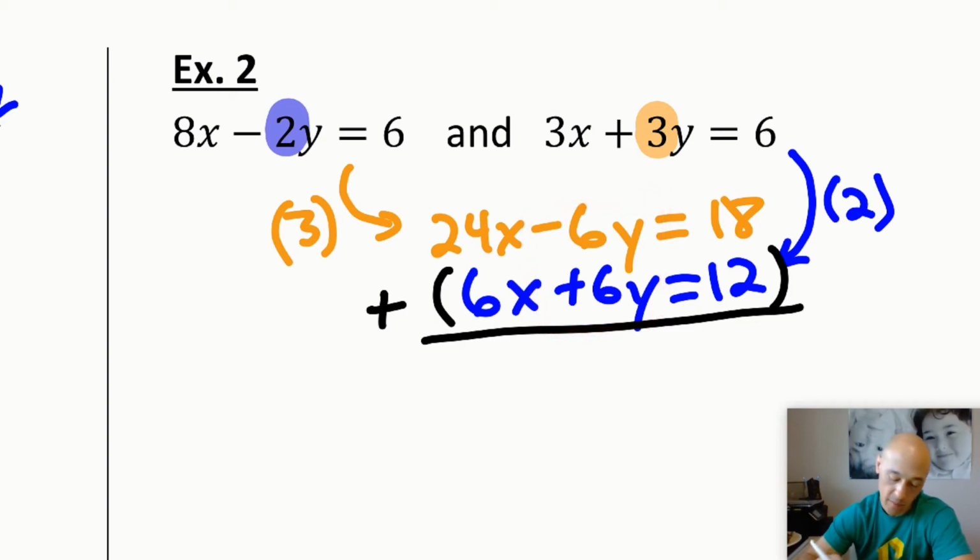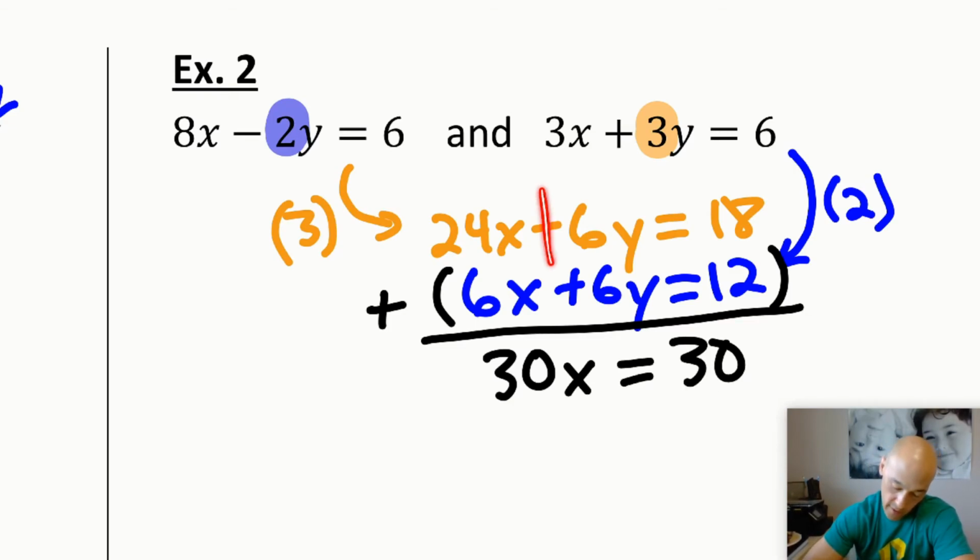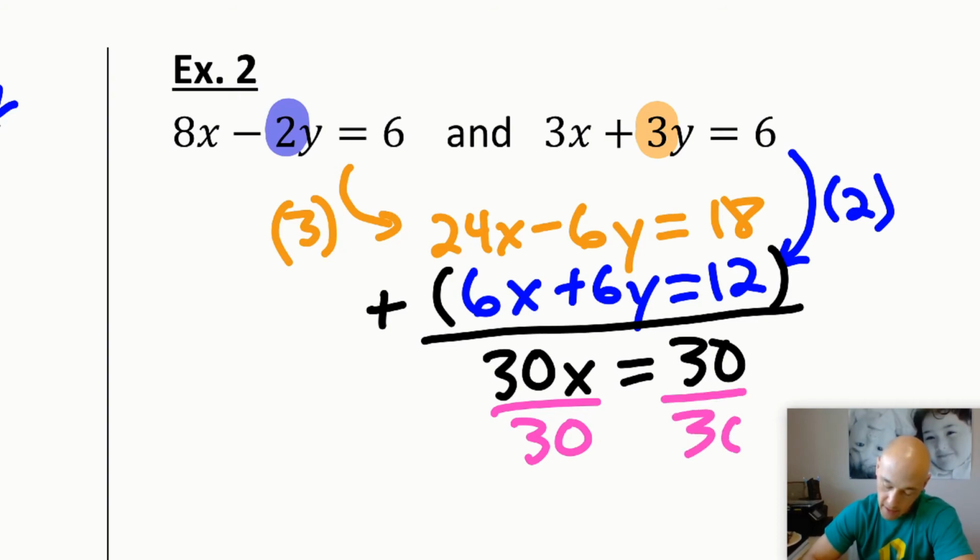Sometimes you subtract, sometimes you add. I get 30x plus 0y is equal to 30. So here's the 30x equals 30. Now I can divide by 30 and I'll get x equals 1.